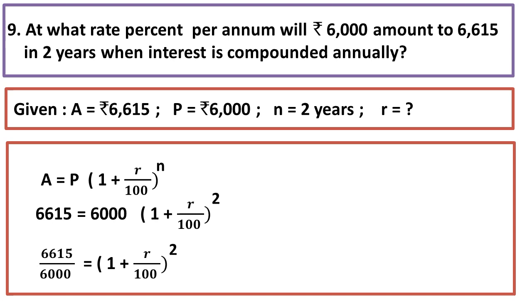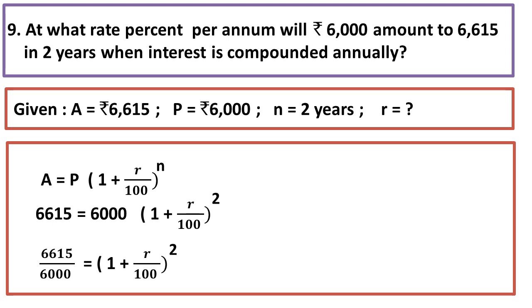At what rate percent per annum will rupees 6,000 amount to rupees 6,615 in 2 years when interest is compounded annually? In this problem, amount is given as rupees 6,615 and P, the principal amount, is rupees 6,000, and the number of years is equal to 2, and we have to calculate R, the rate of interest.